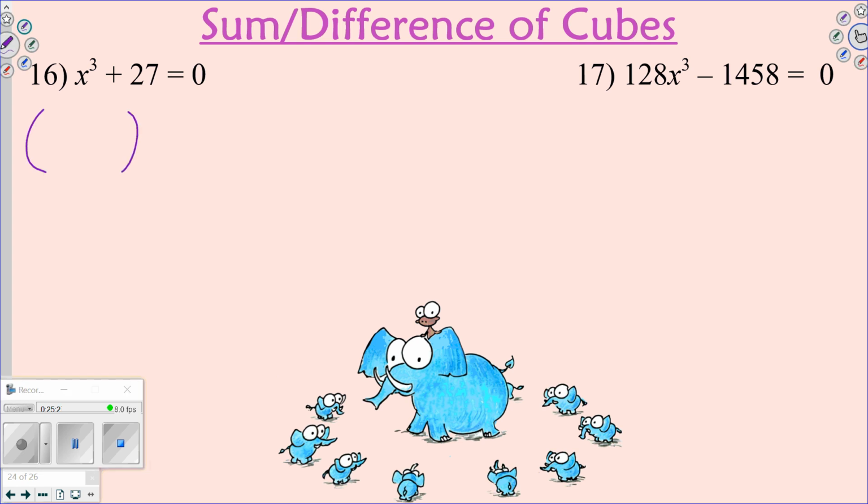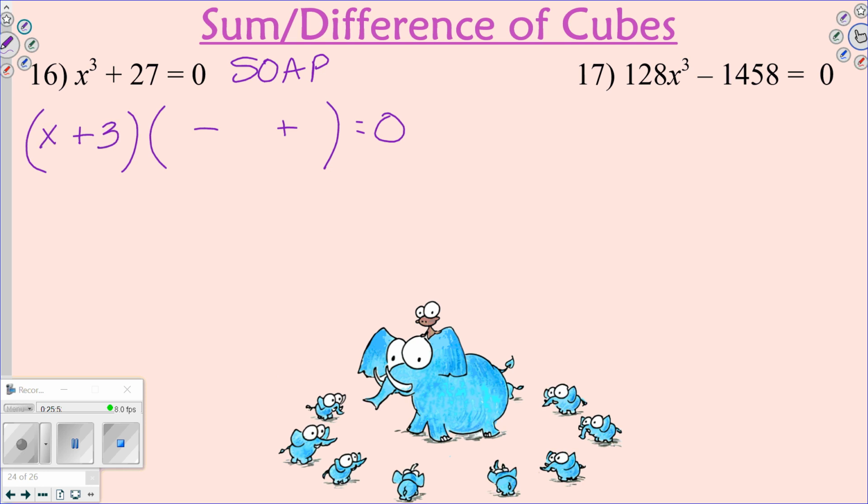Small parenthesis, big parenthesis. You must always use soap. Same sign as the original problem. Opposite, always positive. And then how do we get the numbers in the first part? Cubed root. What's the cubed root of x cubed? Cubed root of 27.